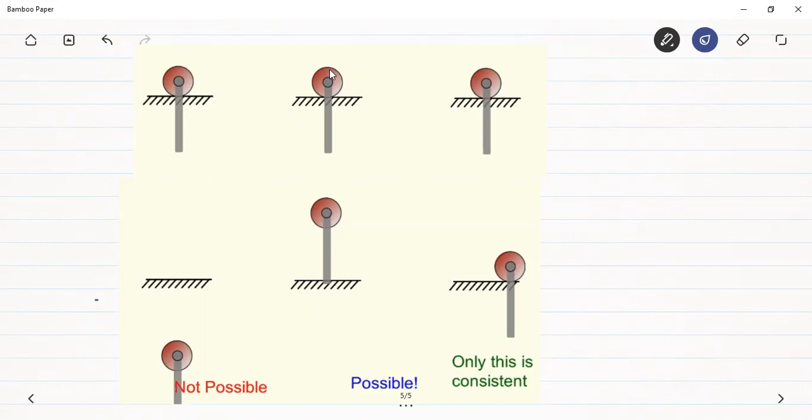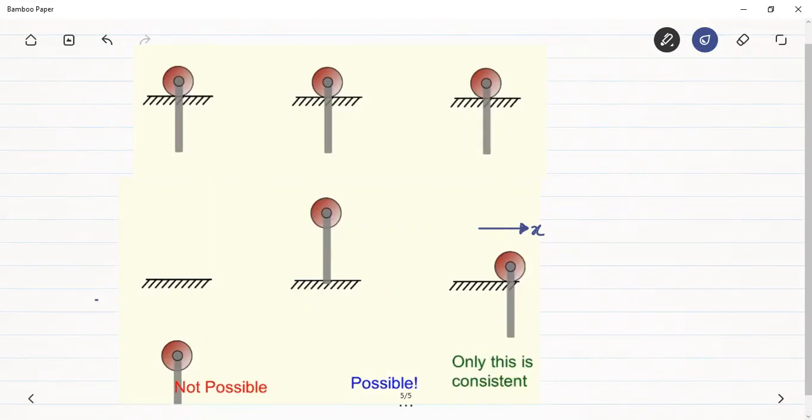Then the significance of the support will get lost, isn't it? What's the support for? Support is for holding this roller to prevent the motion in the vertically downward direction. If we move this roller upwards, it is possible, but then the consistency with the supports will get lost. But see here, in this figure, it is possible to give the motion to the roller in this X direction, isn't it? Now this is consistent with the supports.